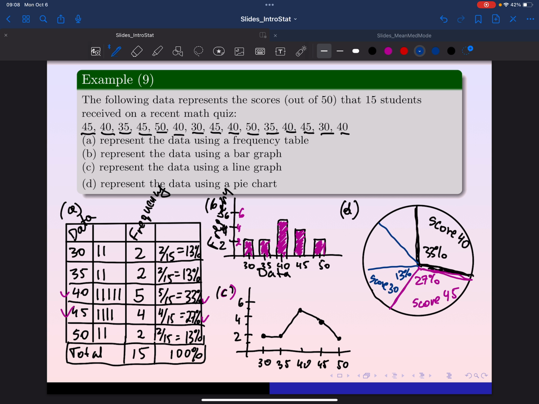Then we can mark another 13%, and this is score 35, and then another 13%, and this would be score of 50. And this is my whole pie chart. So we use the score 30, 13%, 35, 13%, score of 45, 27%, and score of 50, 13%.